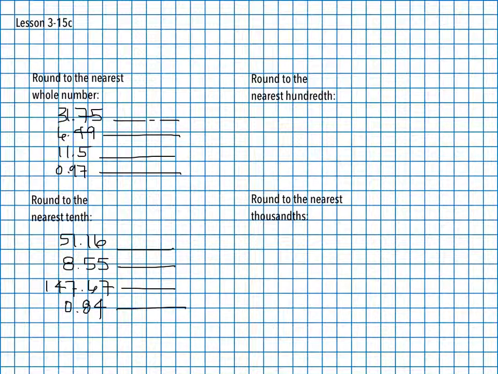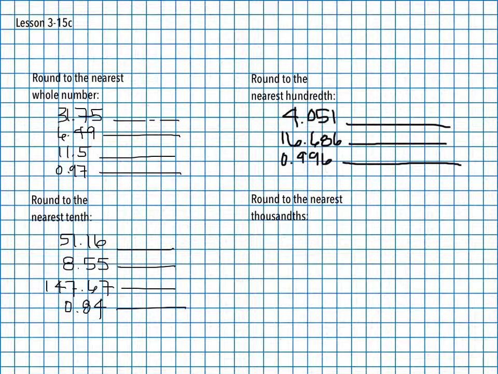For our round to the nearest hundredth, we have 4.051, 16.686. We have 0 and 996 thousandths, and then we have 51 and 202 thousandths, and that's round to the nearest hundredth. And finally we have thousandths.